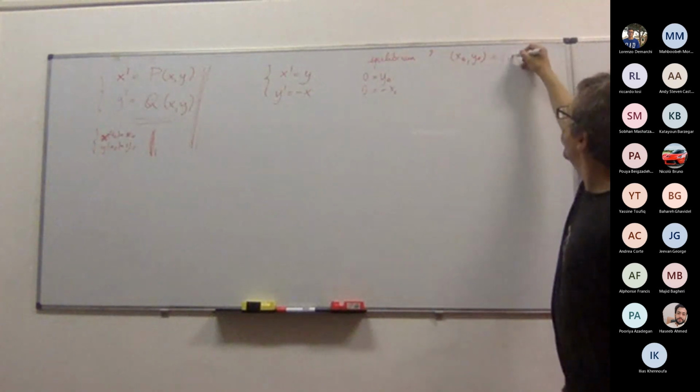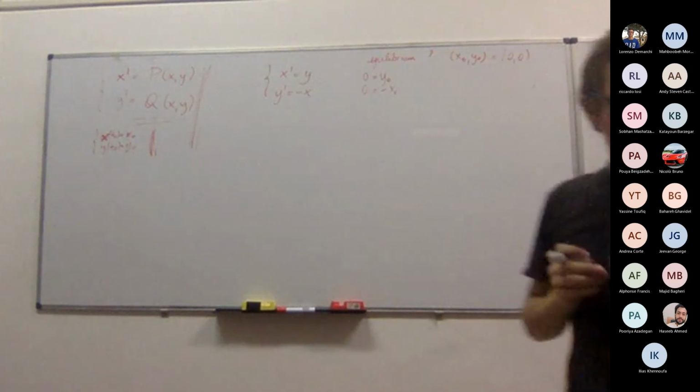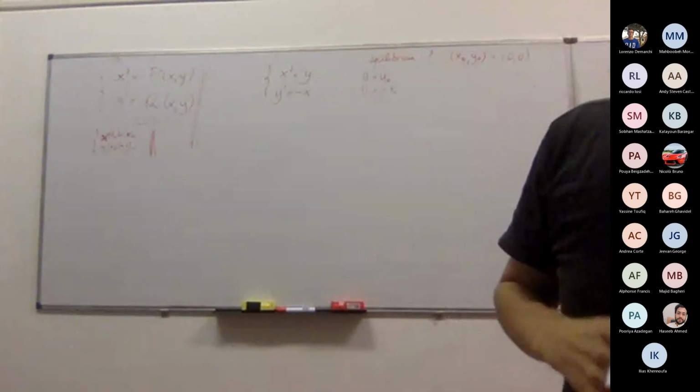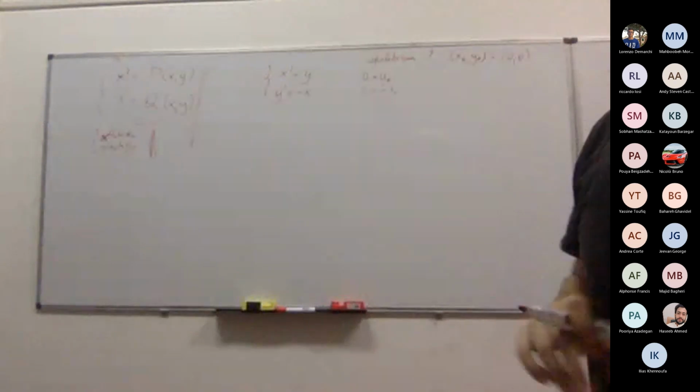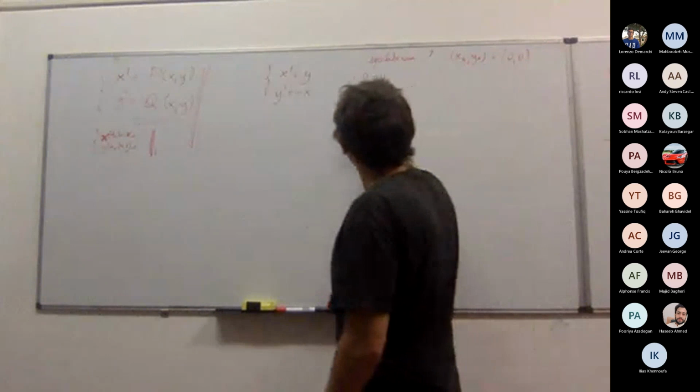So the equilibrium will just be the origin of the phase plane. Okay, that's fine. What about the orbits then?